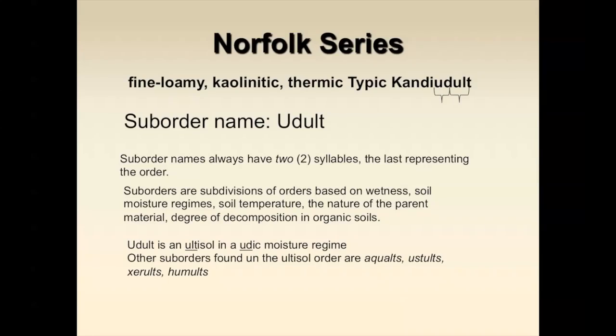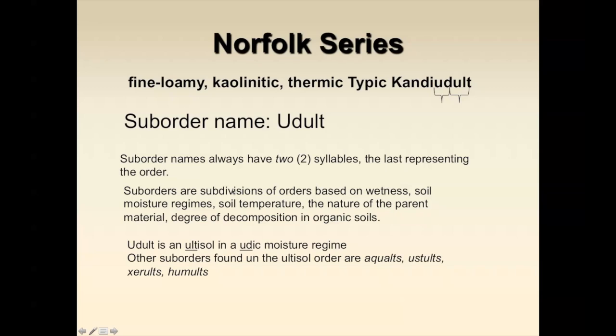You then start to look at going back to the Norfolk series. The Norfolk, if you just look at the suborder name, remember the order name was alt, the suborder name is now going to be a udalt, okay? UD refers to the fact that it is a udic soil.